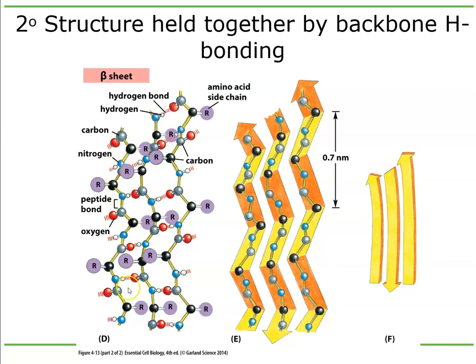It zigzags back and forth, and you can see that in this cartoon representation here. And this is one where we have the anti-parallel. So we have it going up this way and then it turns. Sometimes that'll be a proline, so they can have a quick hairpin turn and then it comes back and turns around again. So this is anti-parallel.